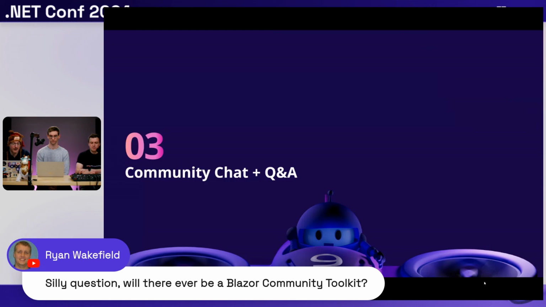So Ryan asks, will there ever be a Blazor Community Toolkit? It's a funny question. That's how it starts, right? Someone has to own it and be like, hey, I want to have this thing. That's what happened with the other toolkits, and I want to run this. So if someone wants to do that, who knows, if you have a good idea that this needs to be in there, then maybe.